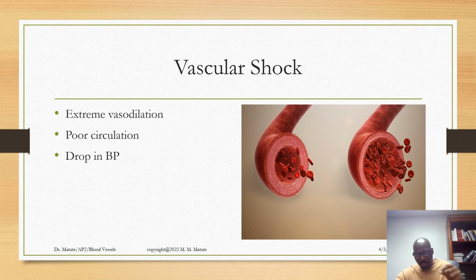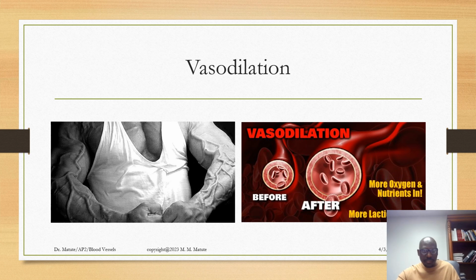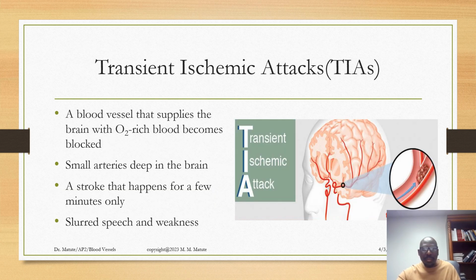If they go smaller or they go larger, it causes some problems with circulation. So this is a case of over vasodilation here. You can see this guy has vessels that look like pipes as opposed to normal blood vessels.